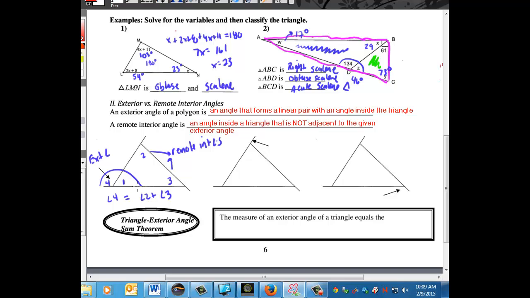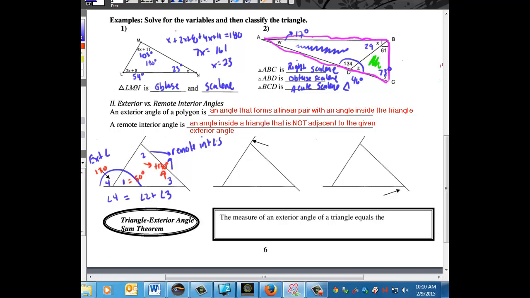Let's say that angle 1 we were given is 50 degrees. That means angle 2 and angle 3 also have to add up to 130 degrees. Okay, so that's why the two remote interior angles will always equal the exterior angle not adjacent to the given side.